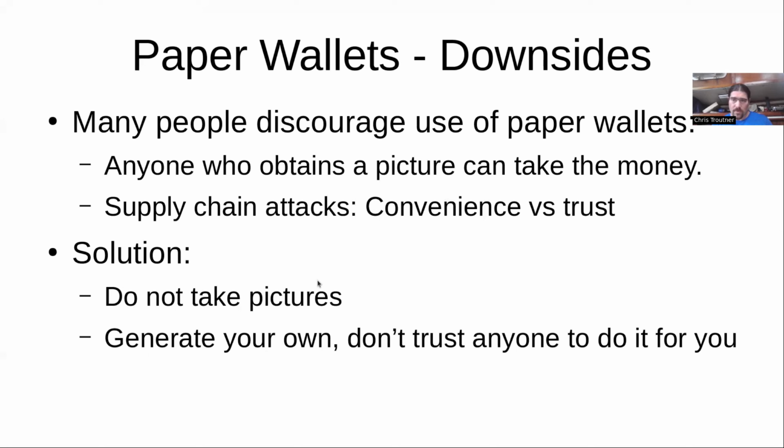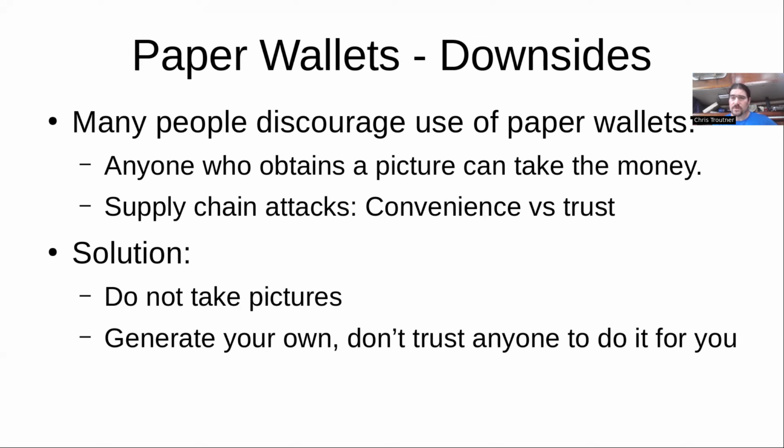So many people in the Bitcoin space discourage the use of paper wallets, including Andreas Antonopoulos, who wrote the book. And there's two really big downsides to a paper wallet. One is that anybody who takes a picture of the private key can take your Bitcoin.